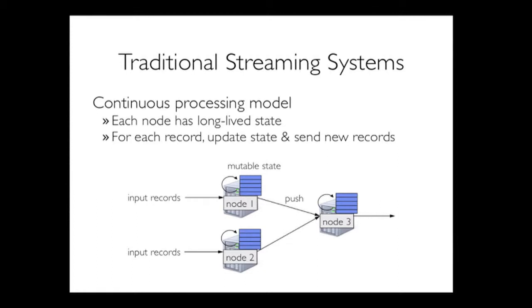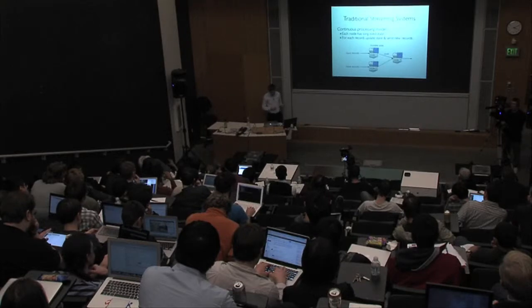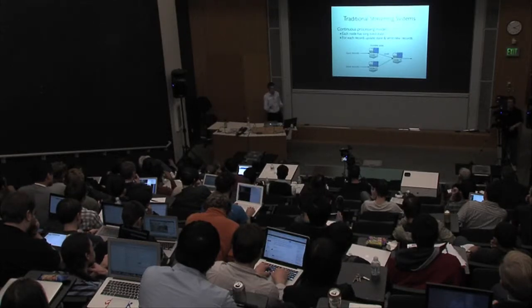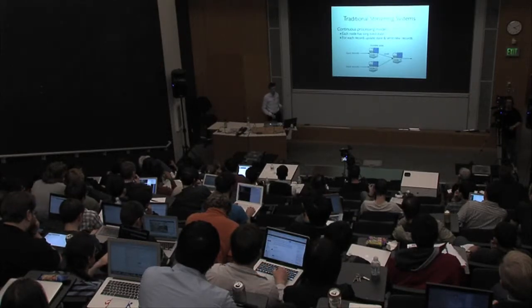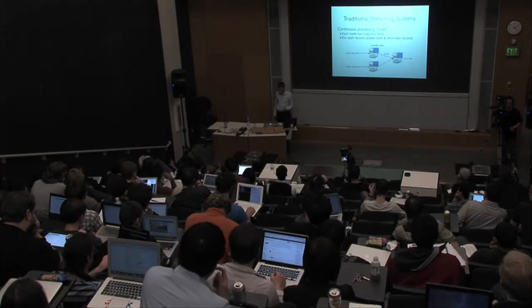For example, you have an application that needs to count how many people clicked on each URL. So state is a big hash table of URL and count. These nodes pass records between them, and when a record arrives, you can update your state and push out new records to other nodes. So this is a really natural model. It really helps to minimize latency, but it turns out to be hard to deal with faults.